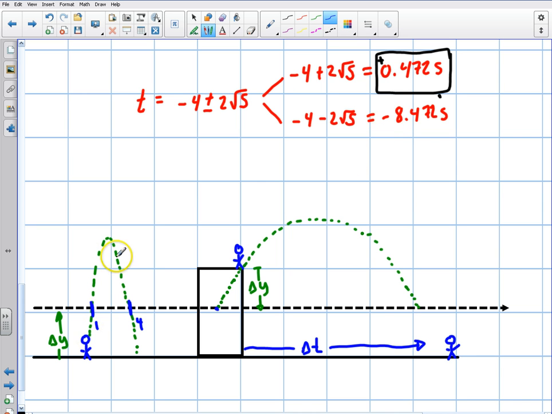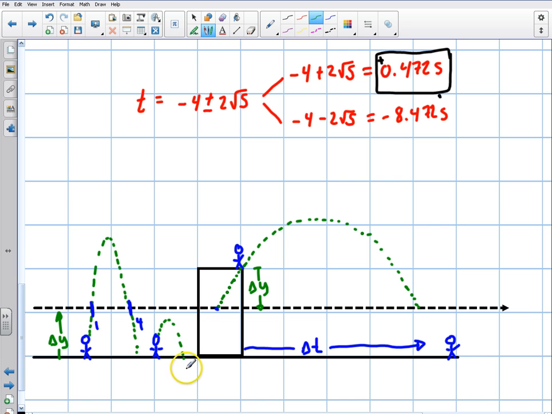It can happen twice in the positive, or it can happen one positive, one negative, or you could get a scenario where you're never going to reach it. You could have a case where you're just never going to get an answer, because if you had a person down here, and you're saying, okay, how long before I get to that height? But the person can't even make it to that height.